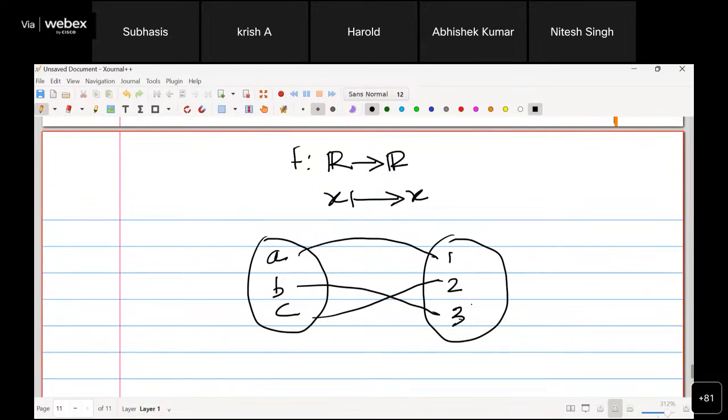This is a bijective function, so the elements are the same. If I add one more element 4, this is not a bijective function. So if I have a bijective function, the cardinality is the same.